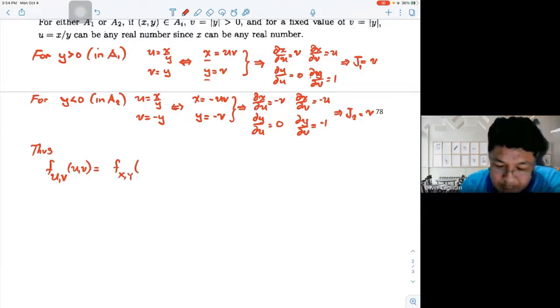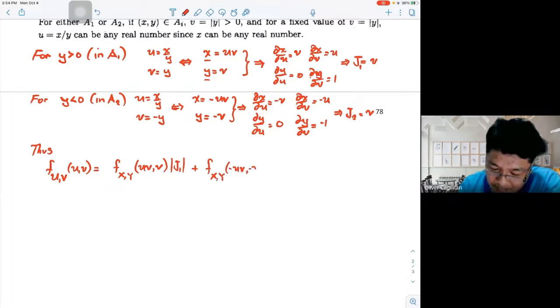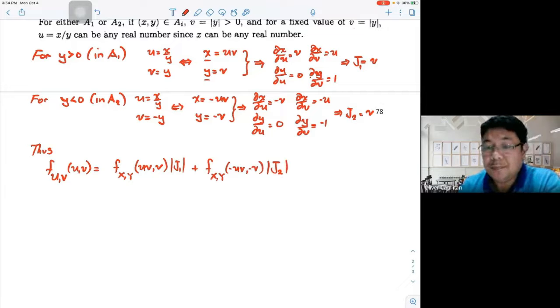The first consideration is f of uv, v, times v, the absolute value of J1, plus f of x, y in this case, negative uv, negative v, times the absolute value of J sub 2.